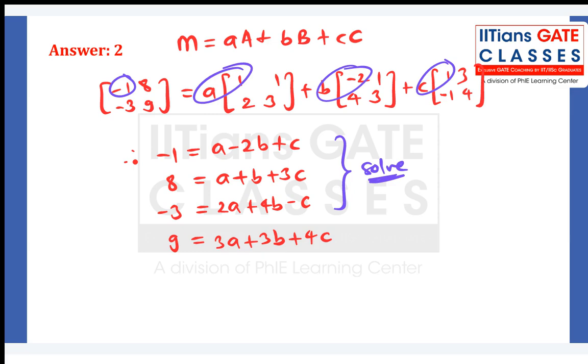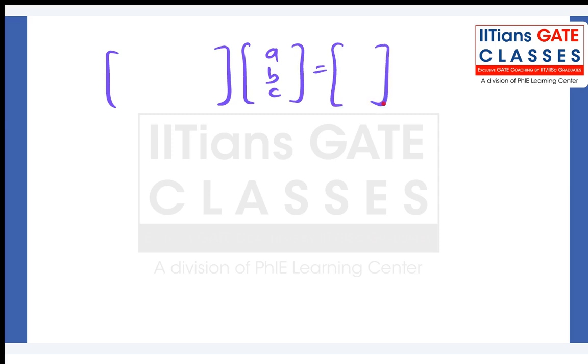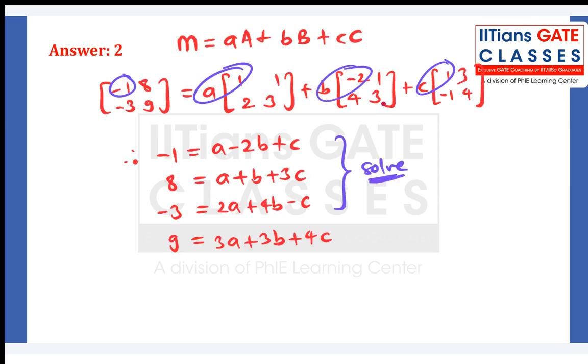If you do that, you'll have one coefficient matrix, then the unknowns A, B, C, and then the RHS, the non-homogeneous part.